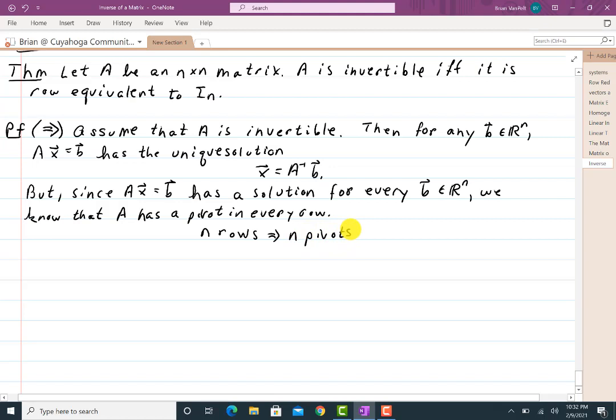But now, wait a minute then. Then N pivots and N columns. Remember, A is an N by N matrix. N pivots and N columns, since the pivots have to occur in different columns, implies that we have a pivot in every column.